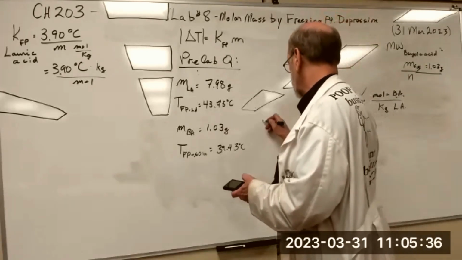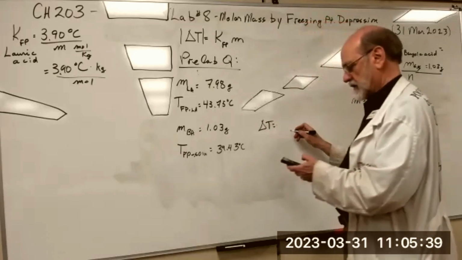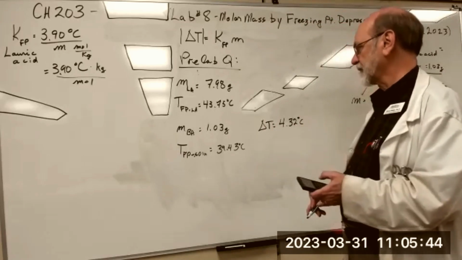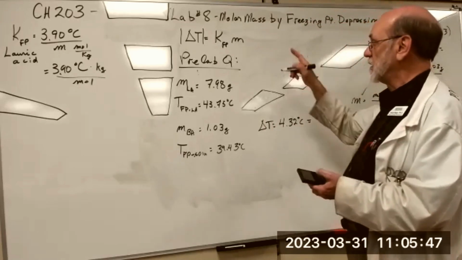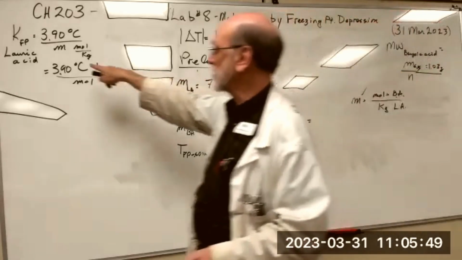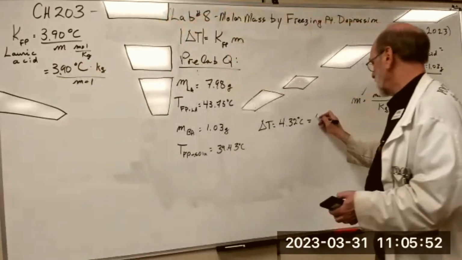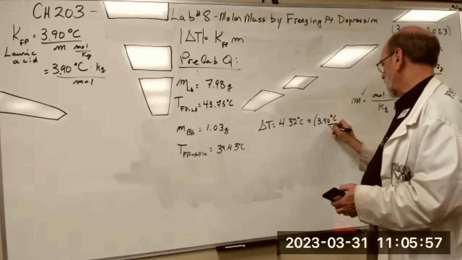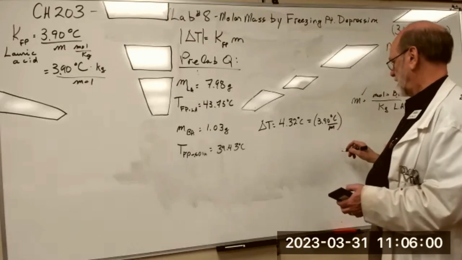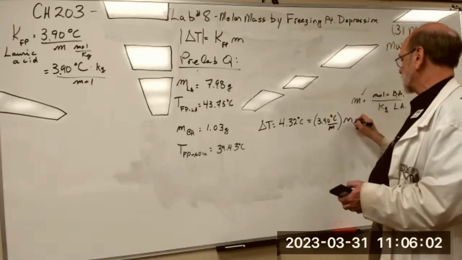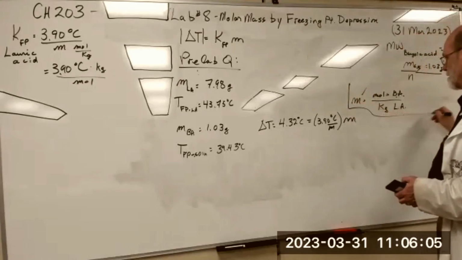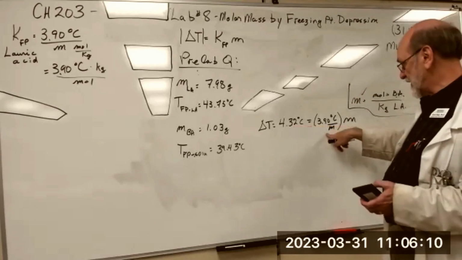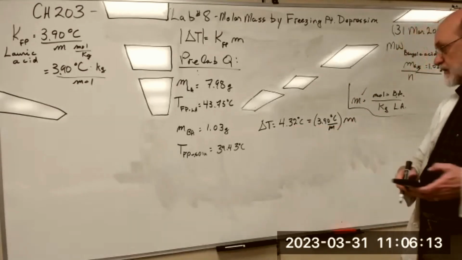So the change in temperature is 4.32 degrees C. Okay, and that's equal to the K factor, which is here, 3.9 degrees C per molal, times molality. Okay, so we just solve for molality, correct? Divide this one by that one, and you find out the molality of the solution.